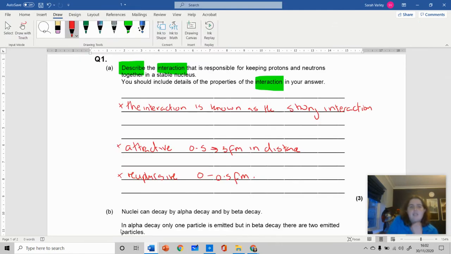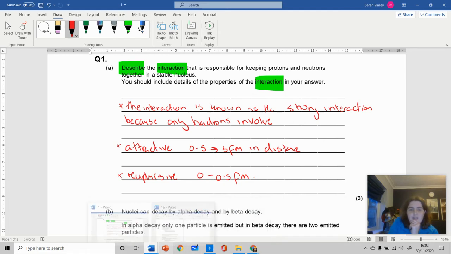It said, describe the interaction that's responsible for keeping protons and neutrons together. The interaction is strong interaction, and I could have mentioned that only hadrons are involved. That's an extra bit I could have mentioned. But I'm talking because it's keeping together. When you mention the word strong interaction and they're talking about keeping nucleus together, you need to talk about what it is. So mentioning it's attractive from 0.5 femtometers to 3 femtometers in distance.